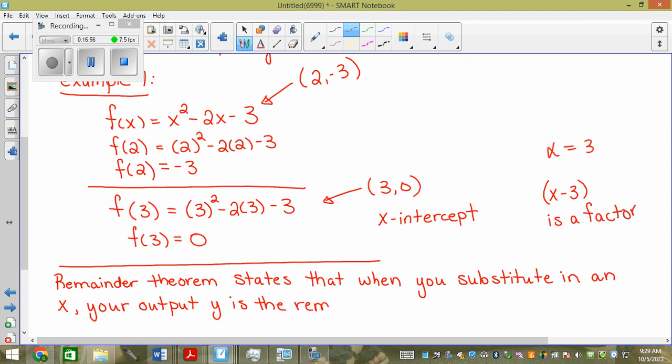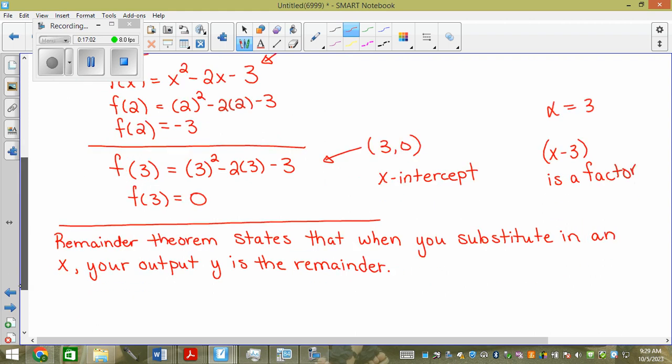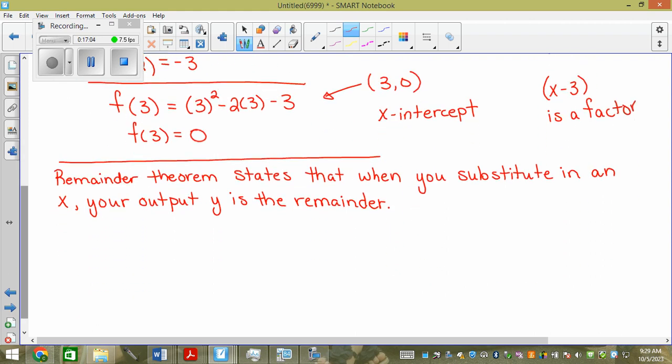So if I did synthetic division, that boxed number is the remainder. We agree? Yes. So if all they wanted was the remainder, I wouldn't have to do synthetic division. I could just plug in an x and get out a y. And that would be my remainder, right?